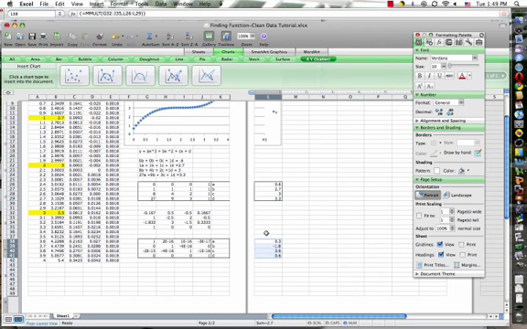Control Shift Return. Okay, we know that the identity times a function does nothing, so all we have is A, B, C, and D here, and down here we've got our 0.3, our negative 1.8, our 3.6, and 0.6. So A is equal to 0.3, B is equal to negative 1.8, C is equal to 3.6, and D is equal to 0.6.